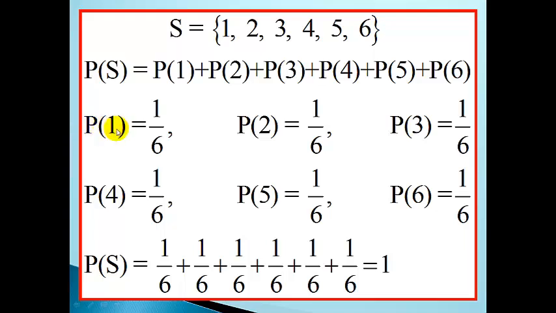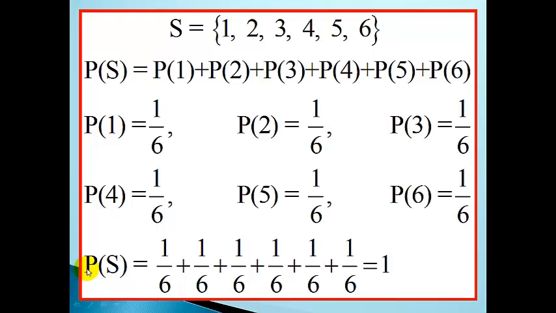Now the probability of 1 is 1 out of 6. The probability of 2 is also 1 out of 6. The probability of 3 is 1 out of 6. The probability of 4 is 1 out of 6. The probability of 5 is 1 out of 6. And the probability of 6 is 1 out of 6.